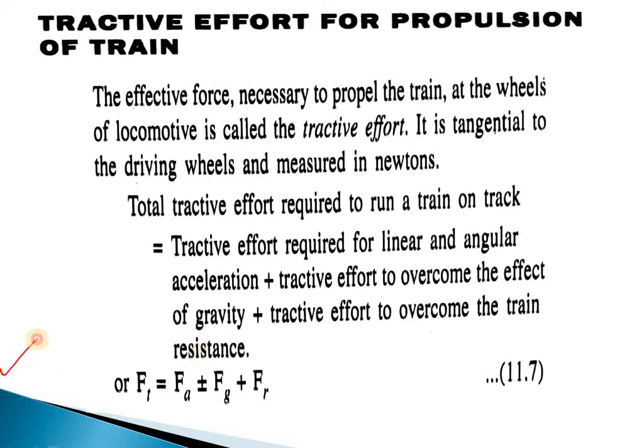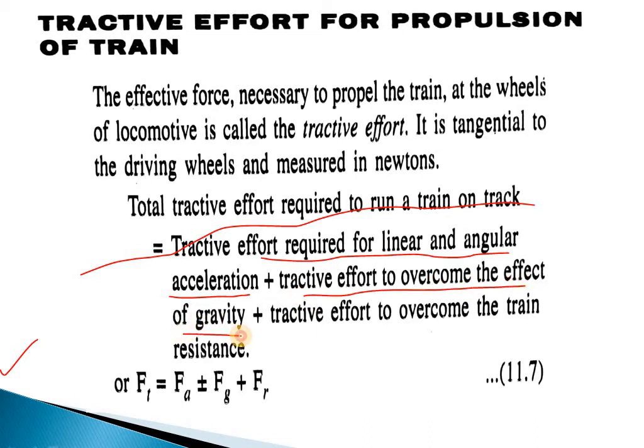That means the total tractive effort required to run a train on track is equal to the tractive effort required for linear and angular acceleration, plus the tractive effort to overcome the effect of gravity, plus the tractive effort to overcome the train resistance. So these are the main components of tractive effort for propulsion of train.